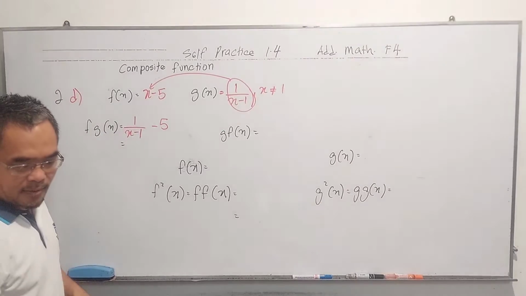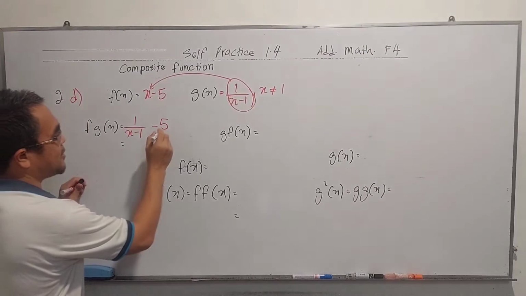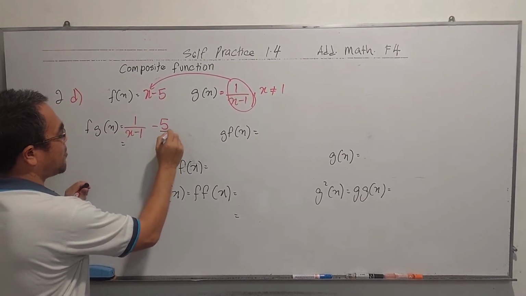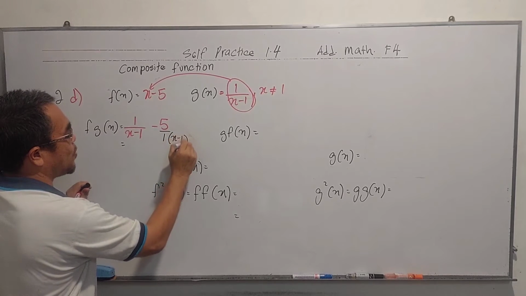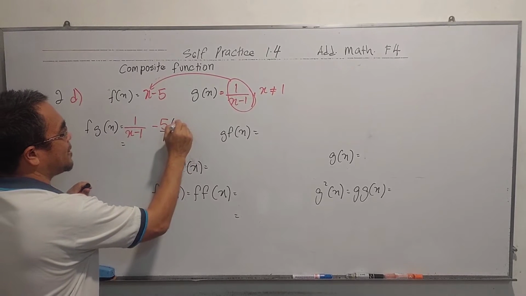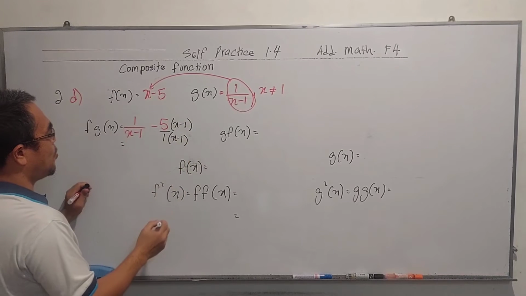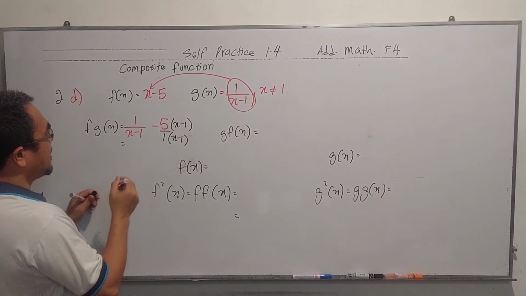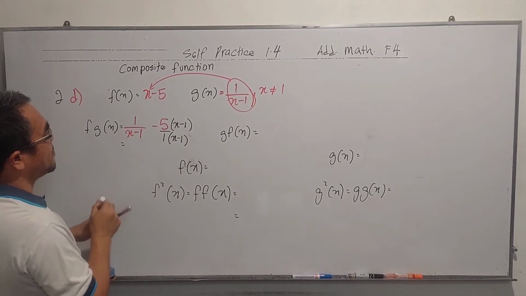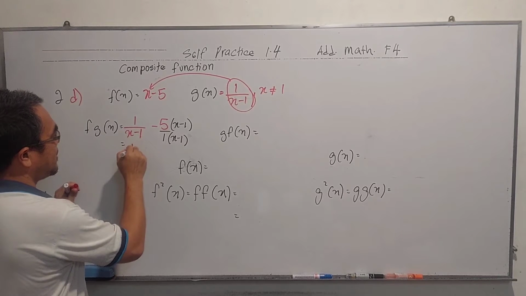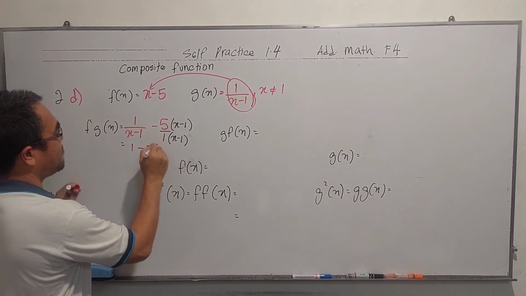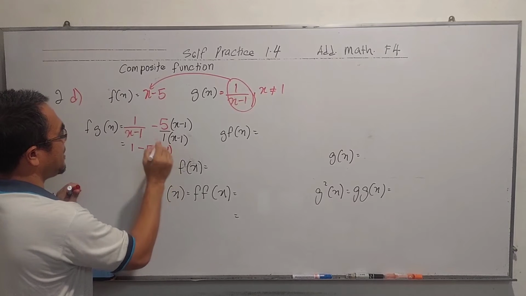Then because 5 is 5 over 1, you have to multiply by x minus 1, and here also multiply by x minus 1. So then it becomes 1 minus 5 bracket x minus 1.